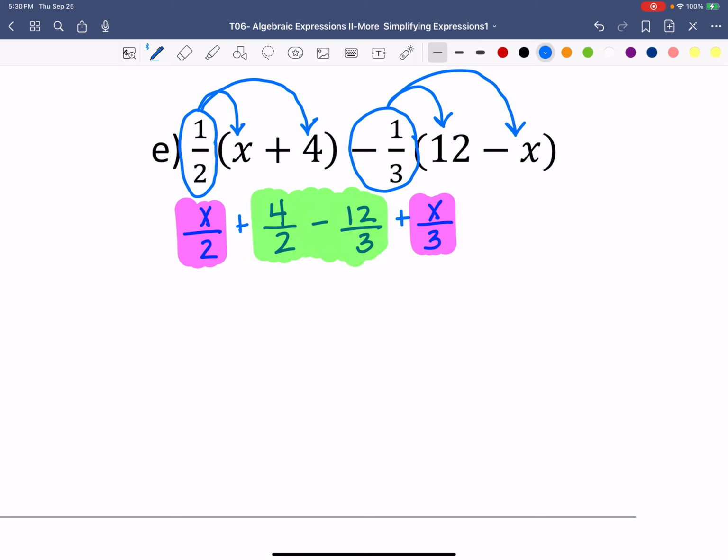Now, right away, some of you might notice that I can simplify 4 over 2. That's just 4 divided by 2. That's the same as 2. And negative 12 over 3, well, that's 12 divided by 3. That's the same as negative 4. And then we have our plus x over 3.